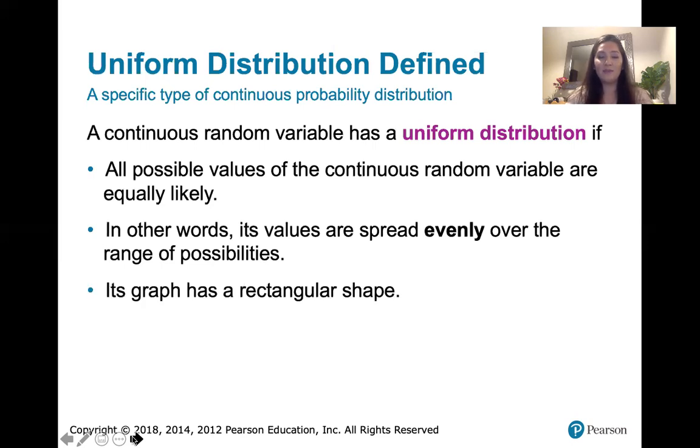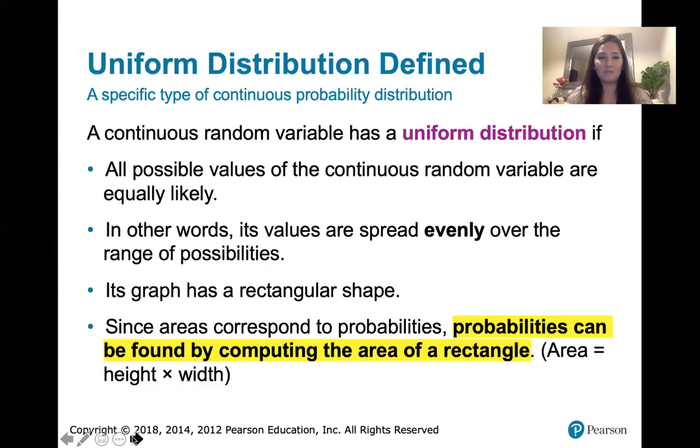When you look at the graph, it'll have a rectangular shape. And then since areas correspond to probabilities, probabilities can be found by finding the area under this rectangular shaped curve. So you're going to be computing areas of rectangles, which are easy to compute.